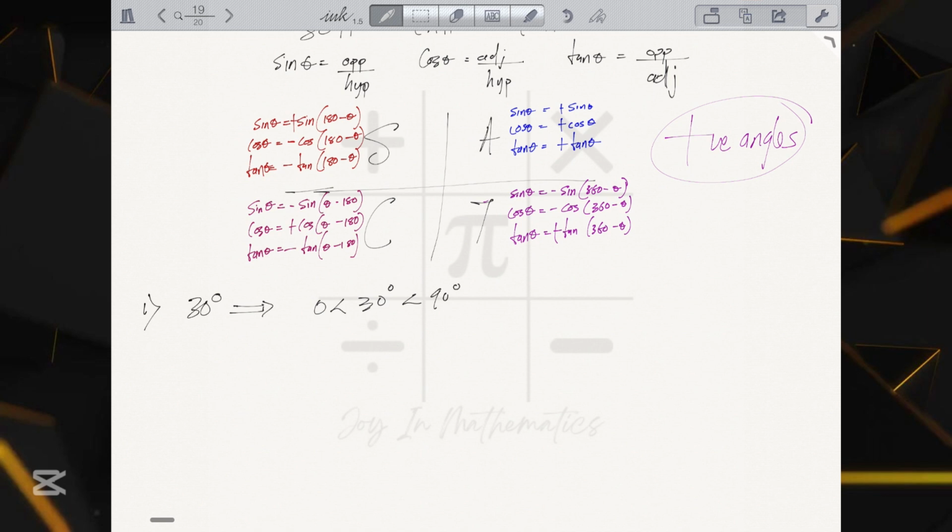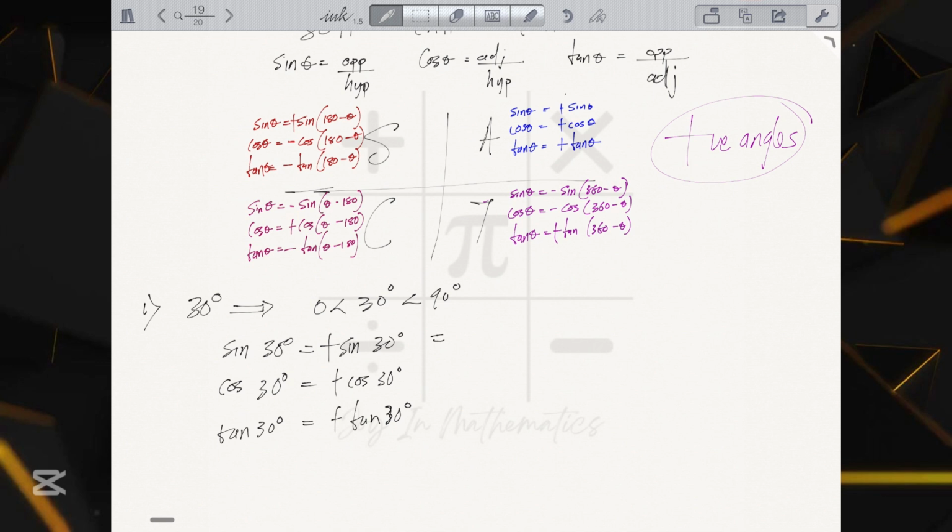Therefore 30 degrees is in the first quadrant, and in the first quadrant sine 30 degrees is equal to positive sine 30 degrees, and cos 30 degrees, because we're in the first quadrant, is also equal to positive cos 30 degrees, and tan 30 degrees is equal to positive tan 30 degrees.